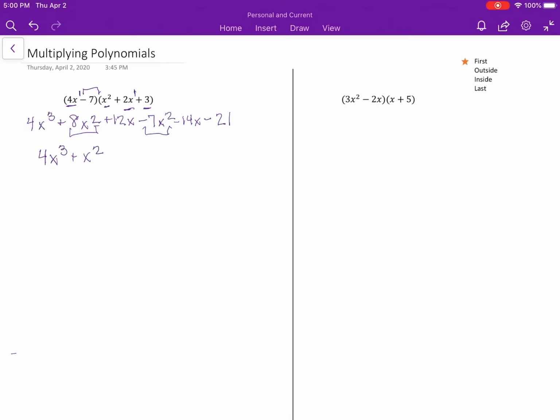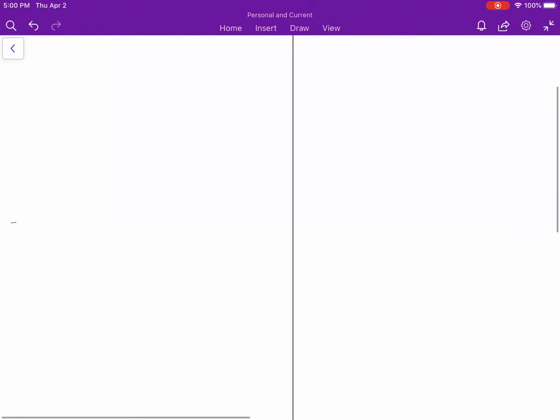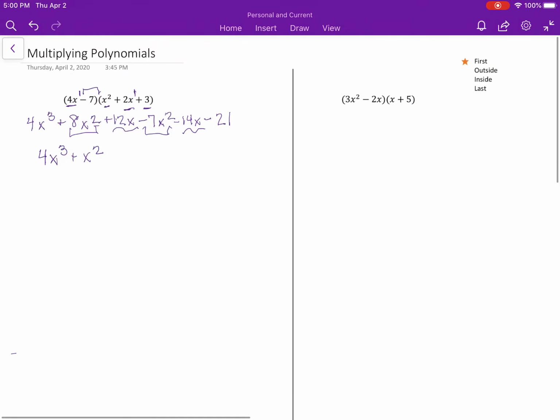I also have 12x minus 14x, and that's going to leave me with a negative 2x. And my minus 21 comes along for the ride.